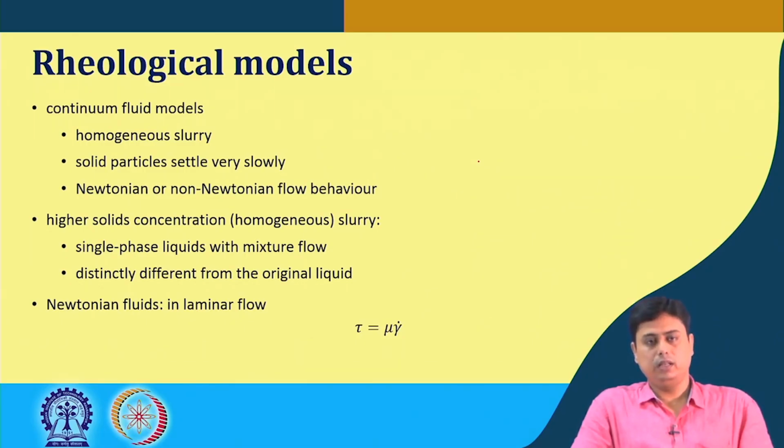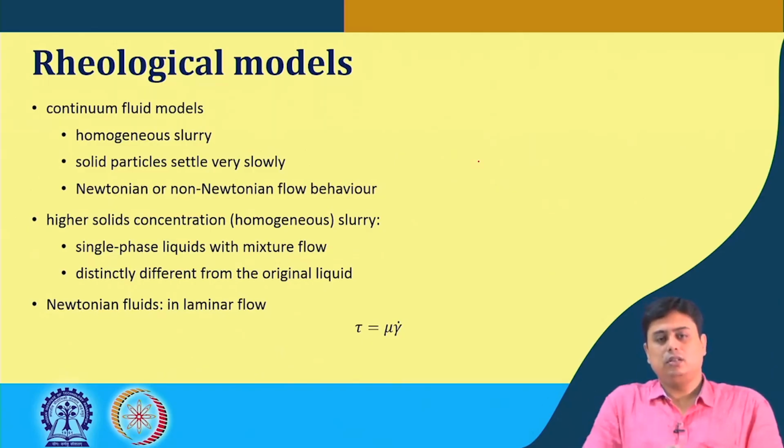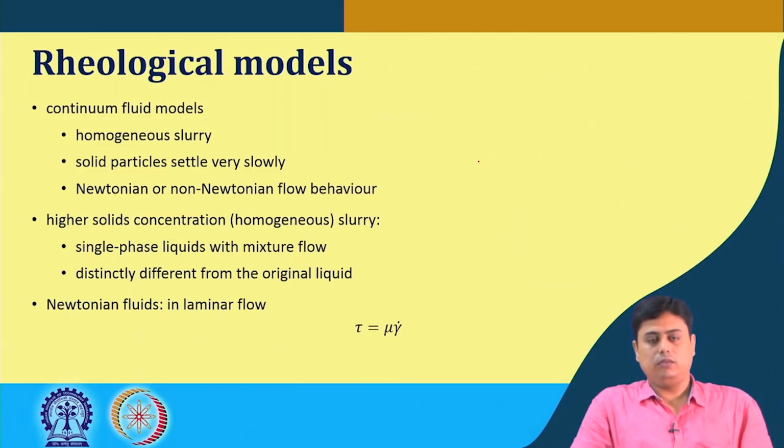Homogeneous slurry is one of the extreme or limiting cases of slurry transport, because in this case all the particles are suspended and never settle. It has a uniform cross section as well, a uniform concentration gradient that doesn't change in the direction of the flow.